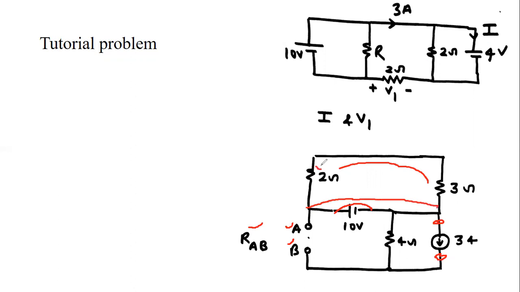So there is no use of this resistance 2 and 3, or this 5 ohm resistance is parallel with 0 ohm resistance. So the value of resistance is 0. So only this 4 ohm resistance comes into existence. So the value of RAB is 4 ohm. That is the answer of the second question.